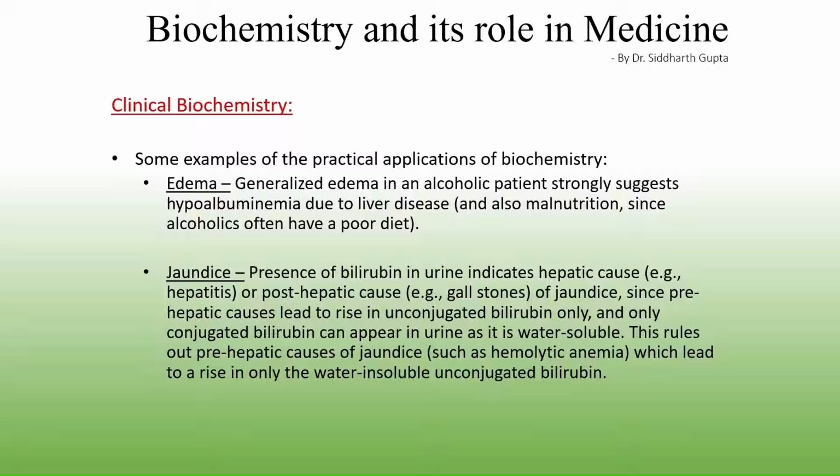Normally there is no bilirubin in urine, and if you do find some bilirubin in urine, you can be certain that it is conjugated bilirubin, because like I said earlier, only conjugated bilirubin is water soluble and excreted in urine, while unconjugated bilirubin is not. So the appearance of bilirubin in urine indicates a hepatic or post-hepatic disorder, not a prehepatic disorder.